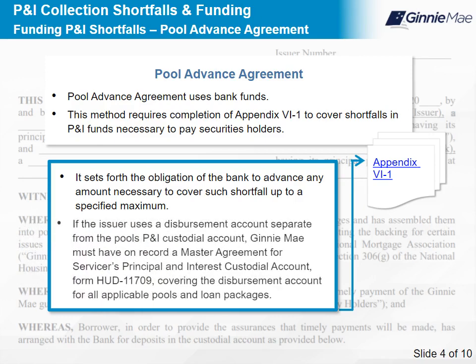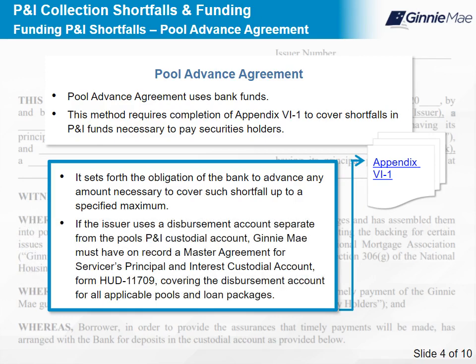If the issuer uses a disbursement account separate from the pool's P&I custodial account, Ginnie Mae must have on record a master agreement for servicers, principal, and interest custodial account, Form HUD 11709. This form covers the disbursement account for all applicable pools and loan packages.